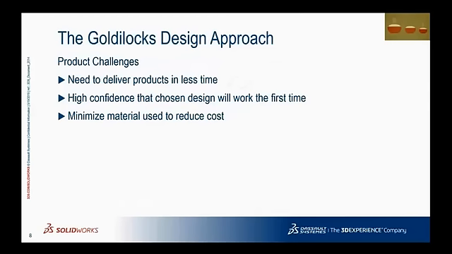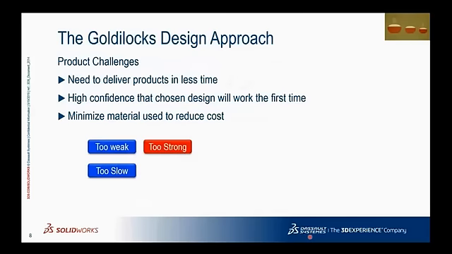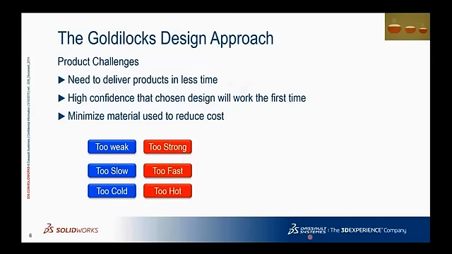And also we have the pressure of delivering reduced costs through minimizing material and wastage. Another way to put this is that we don't want things to be too weak, too strong, too slow, too fast, too hot, or too cold. Or in other words, just right.